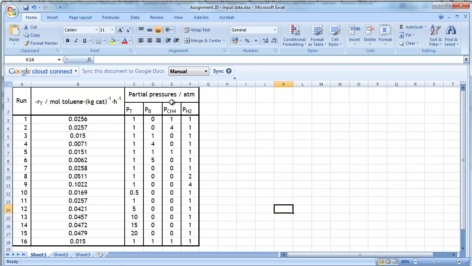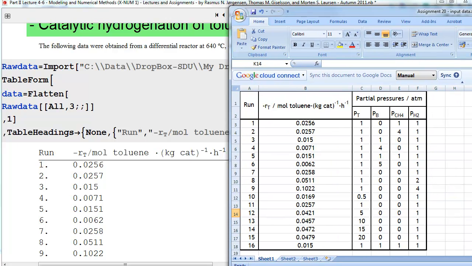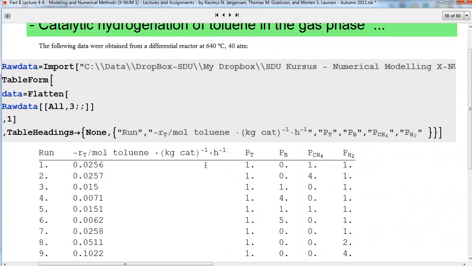Because it's put like this, it's a little messy, so you need to flatten it, because you get too many curly brackets, I think it's called. So that's why I need to flatten it in order to make it behave, and then I make the headings. But that's it. Then I have the data, or you will have the data, and you can start to play with it.